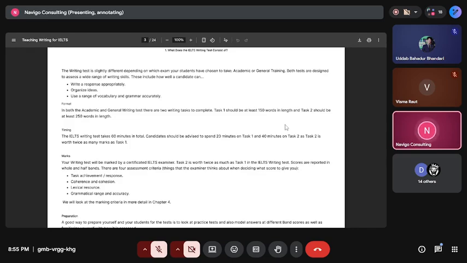So what do you have to look at when you are writing a response to the question, whether it is a data question or an essay question, in either task one or task two? These marking criteria are very important. The marking criteria are task achievement or response, coherence and cohesion, lexical resource, and grammatical range and accuracy, right?